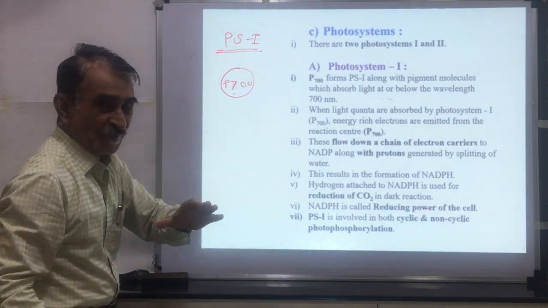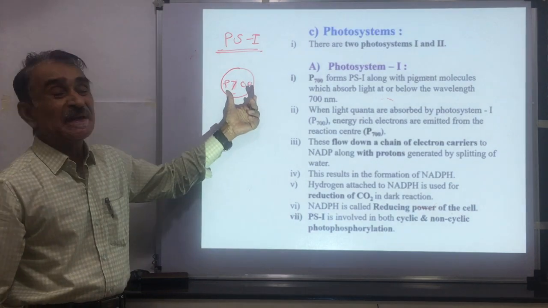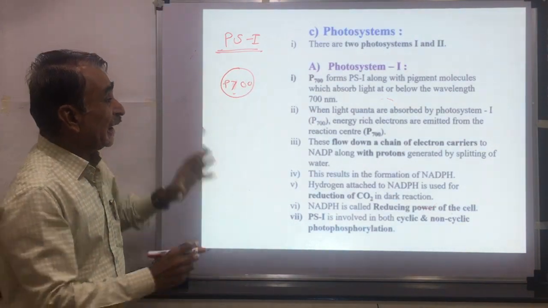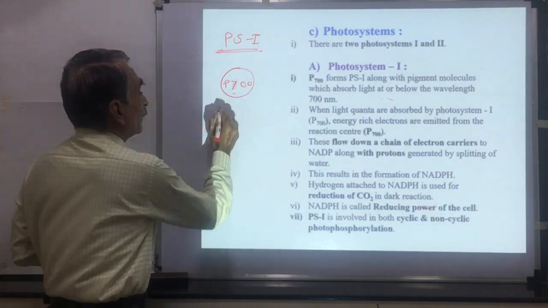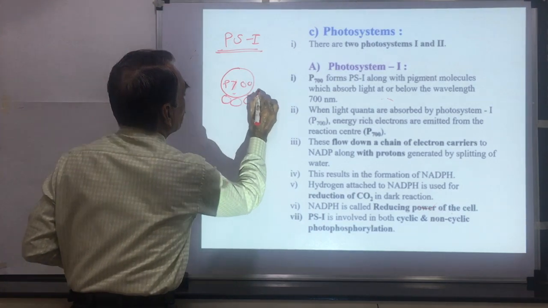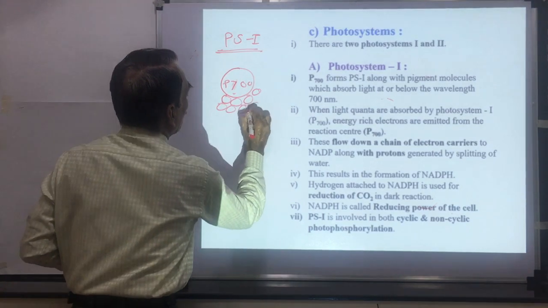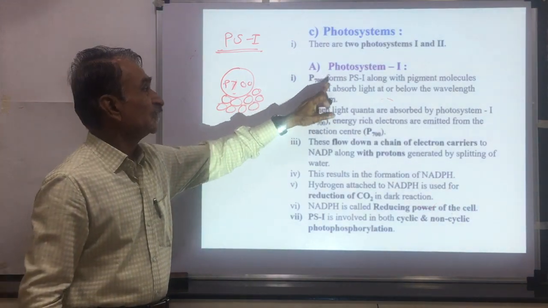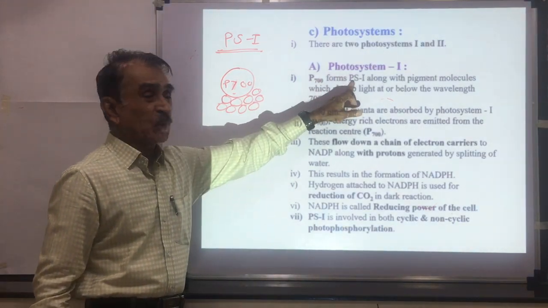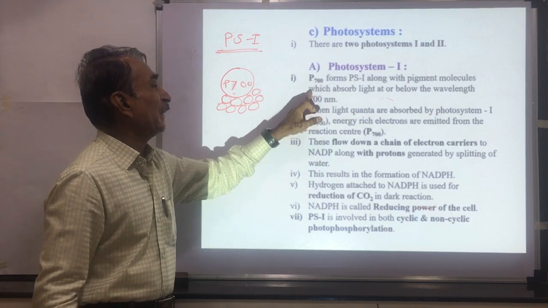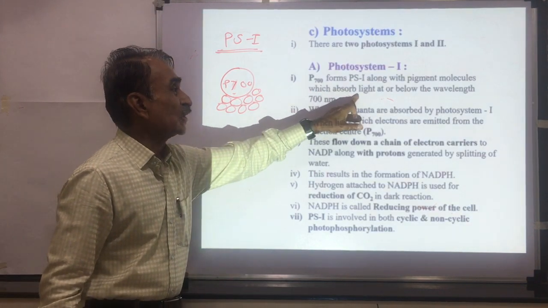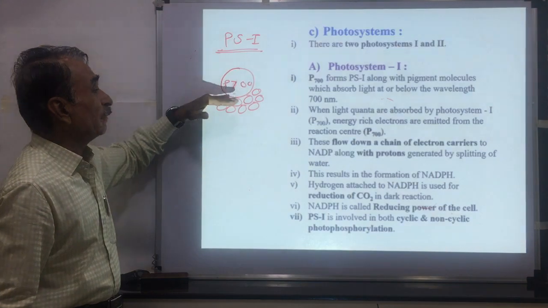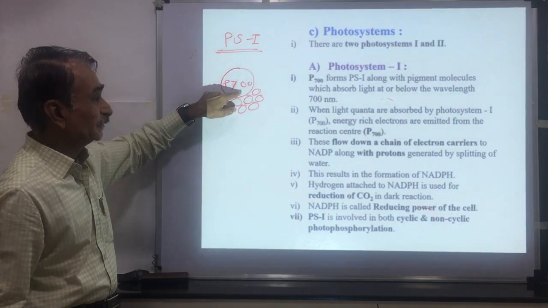In photosystem first, the reaction center is P700. Here there are accessory pigments. P700 forms PS first, photosystem first, along with the pigment molecules which absorb light at or below 700.